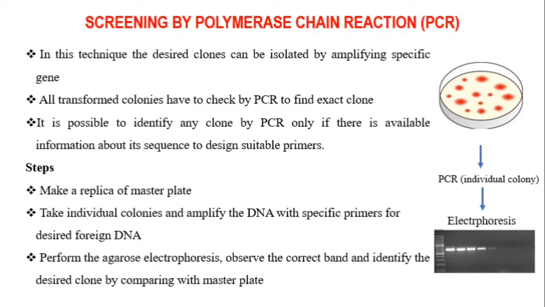And we will check which well has amplification. Suppose this is the first colony and this is the first well. Here you can see the amplification, so we can identify that this colony contains our desired product.